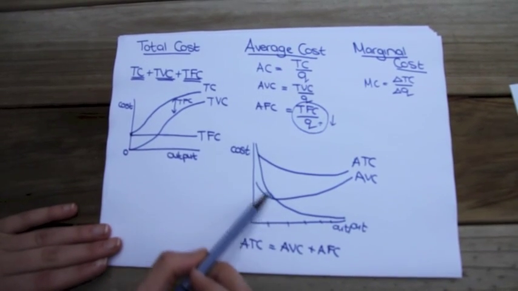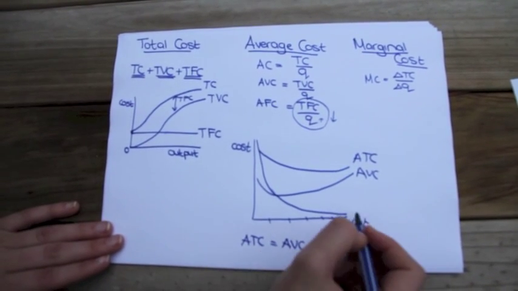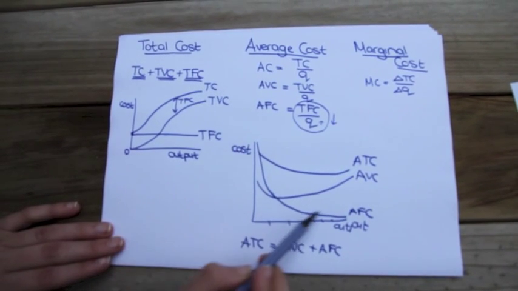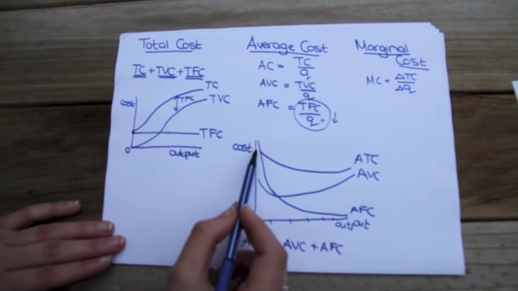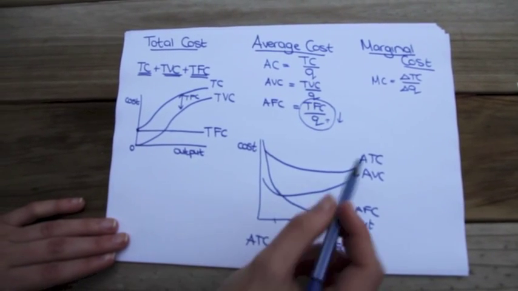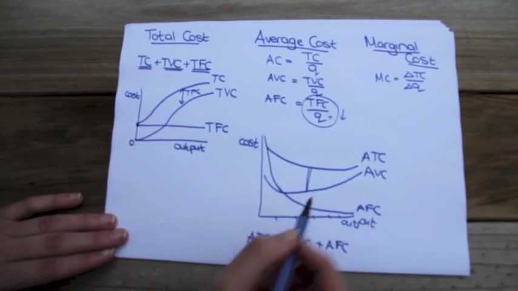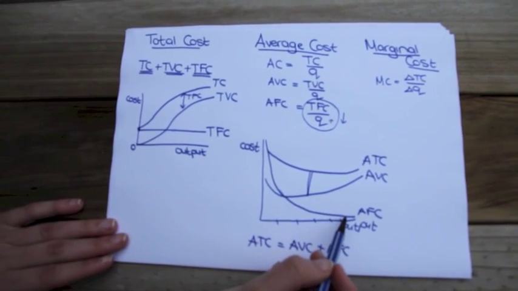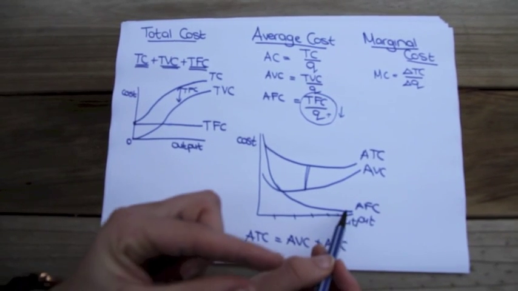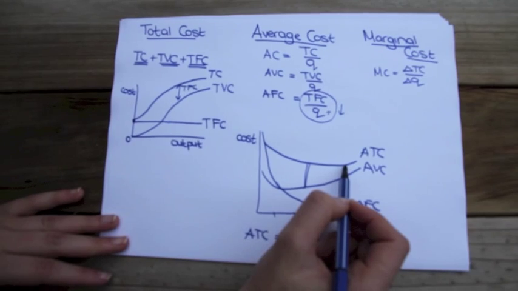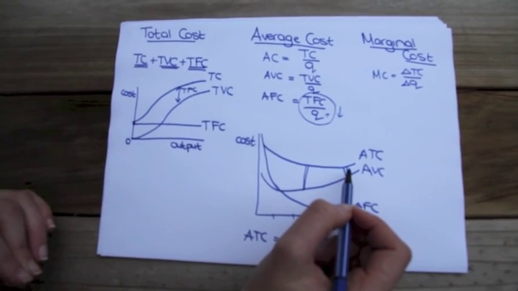Now because our average fixed cost, as I explained earlier, is decreasing, the difference between our average total cost and average variable cost is decreasing as well. So over here we had this much difference, but as average fixed cost gets smaller and smaller as the output units increase, the difference between average total cost and average variable cost also gets smaller and smaller.